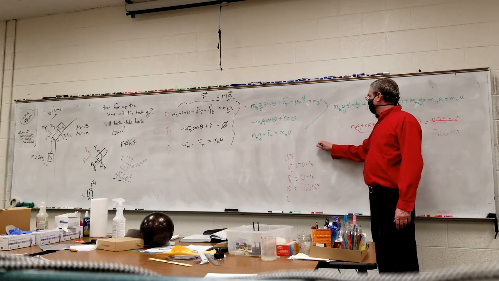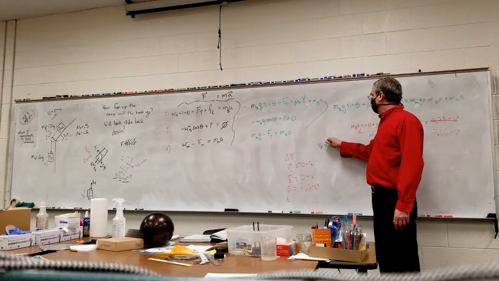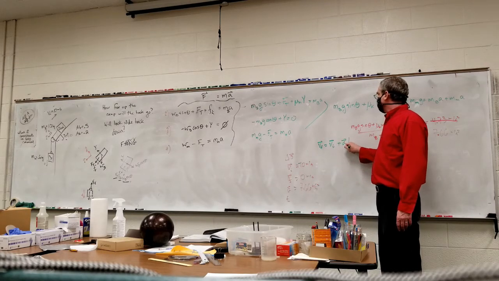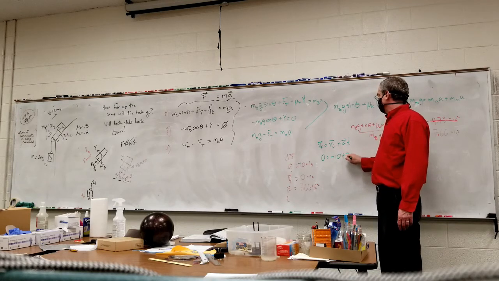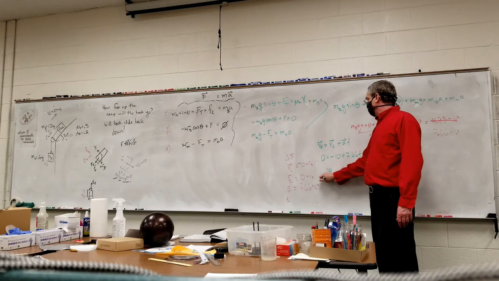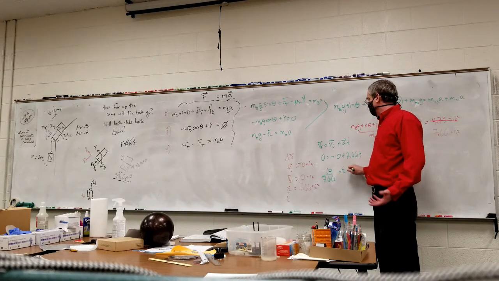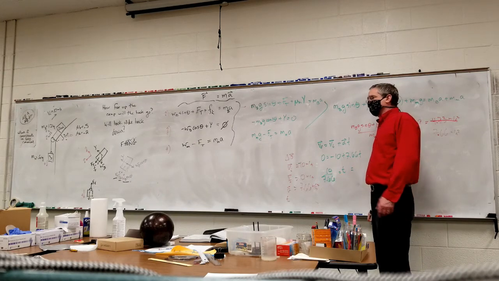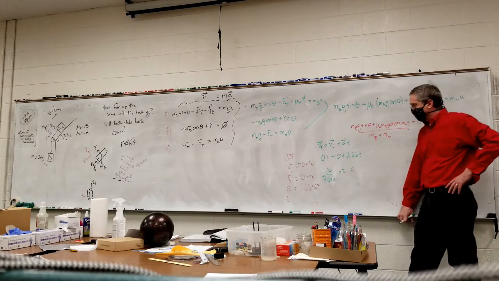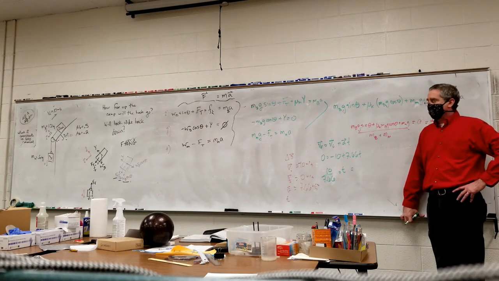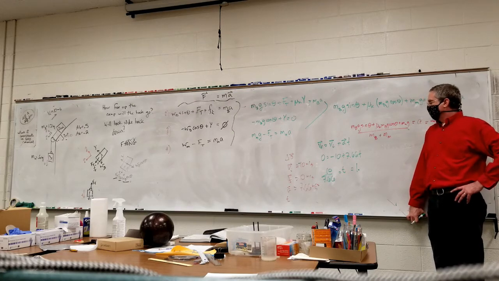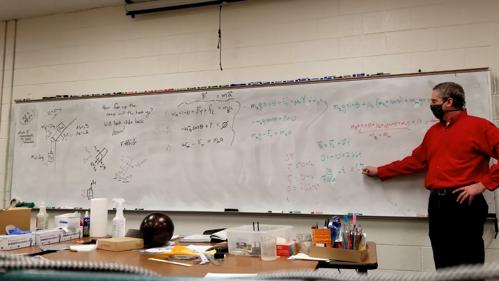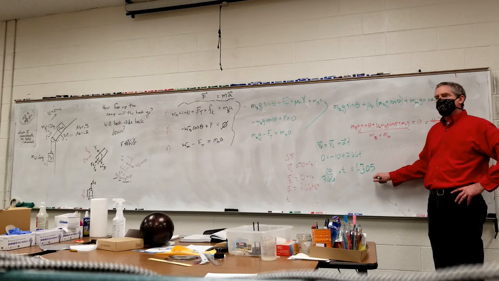So using VF equals VI plus AT, we have 0 is equal to negative 10 plus 7.66t, and so t becomes 10 over 7.66. We don't necessarily have to solve for time. There are other ways of solving than answering the question first, but we're here. 1.305 seconds.